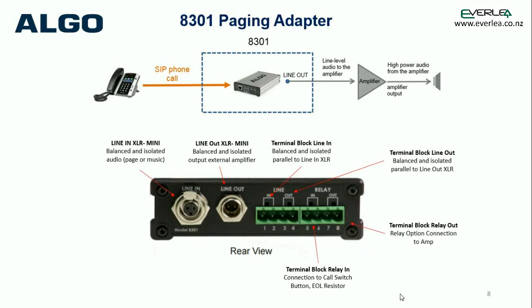On the rear view, we have got XLR mini inputs for balanced and isolated music or paging. We've got XLR mini outputs, again balanced for outside. Then we've got our terminal blocks in, terminal blocks out, and also our relays in and relays out.